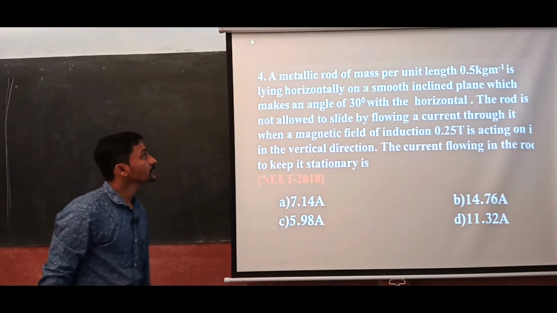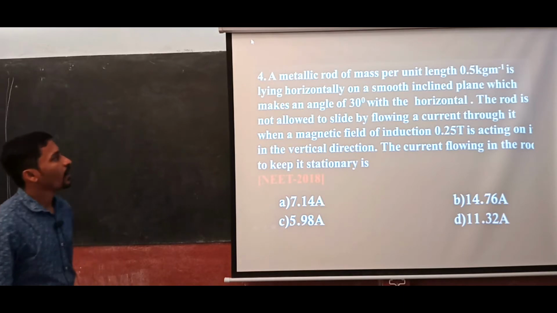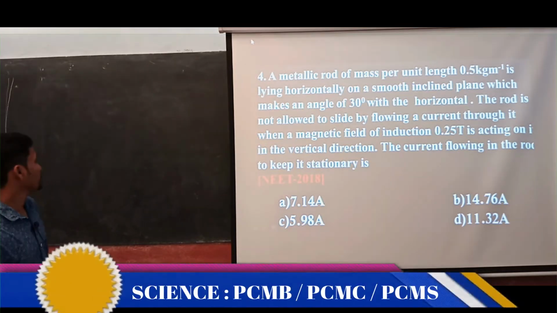So yes, a metallic rod of mass per unit length, mass per unit length means what?